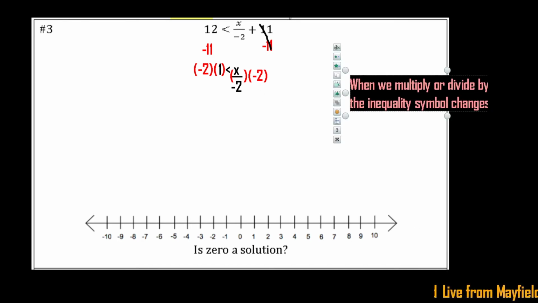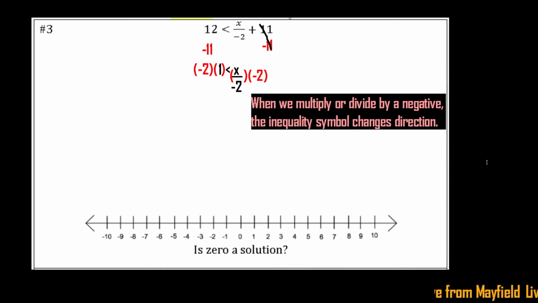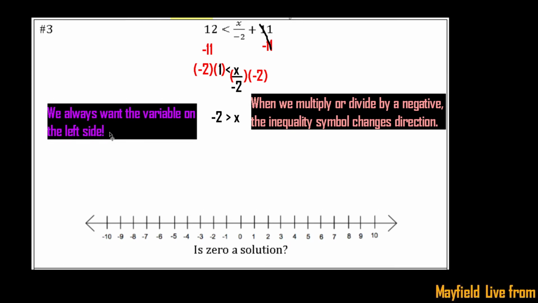And make sure you have this idea: anytime you multiply or divide by a negative, the inequality symbol changes direction. So we're going from less than, and we're going to flip that around and have a greater than. So we're saying negative 2 is greater than x, but also make sure you see you want to have that variable on the left side.